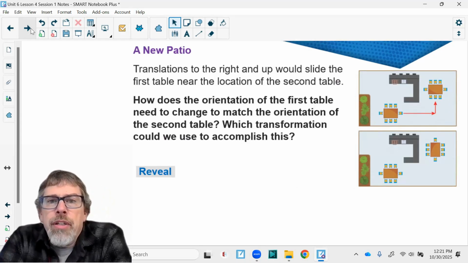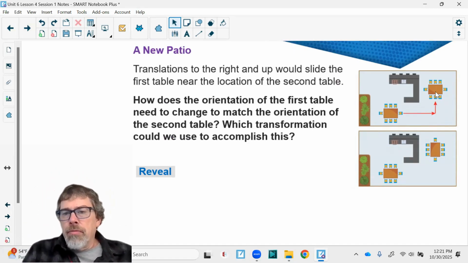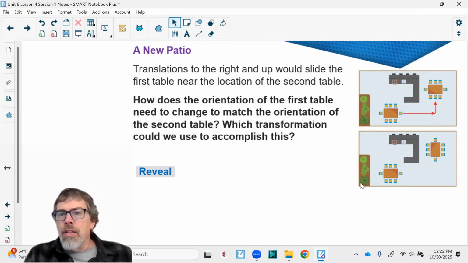Okay, so how does the orientation of the first table need to change to match the orientation of the second table? Okay, well, they're going the other direction. They didn't say which table was which, but if you move this table over to here, this would be the first, this would be the second. If you move this table from here to here, that would be the first, and this would be the second. So it doesn't really matter.